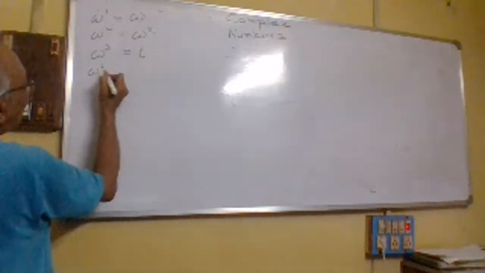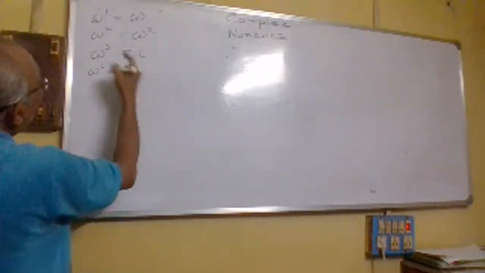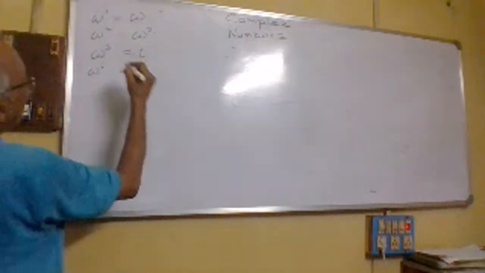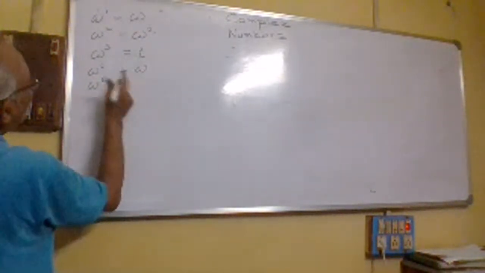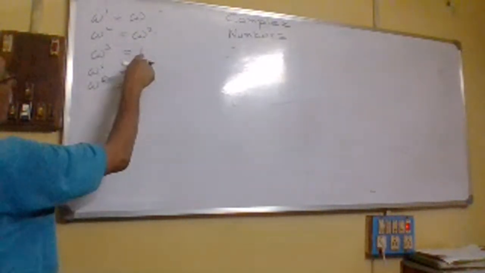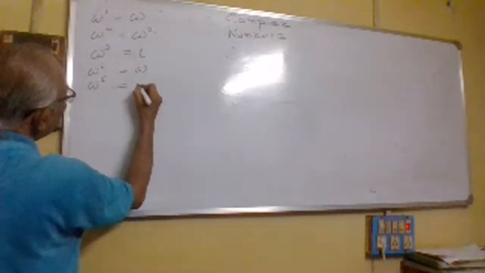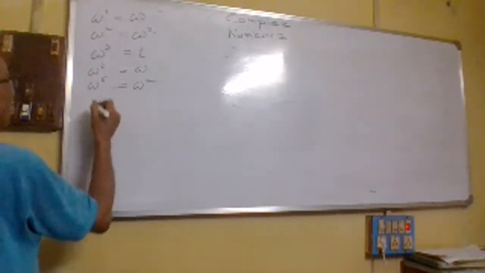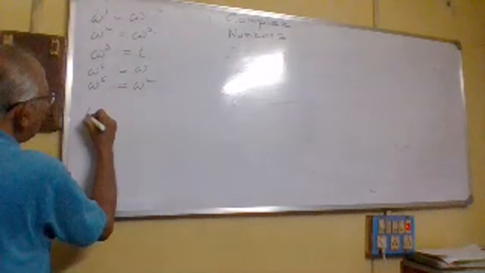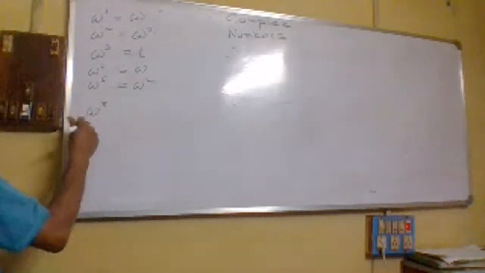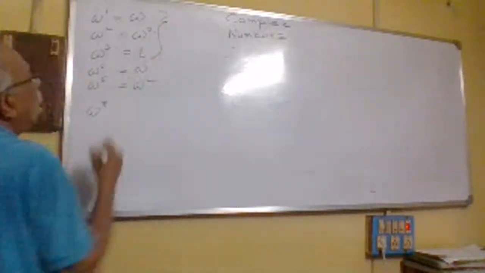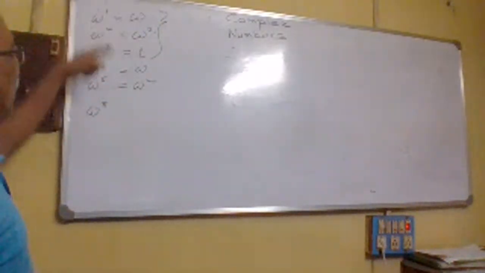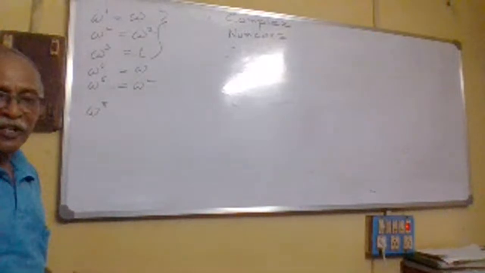Omega to the power 4 equals omega cube into omega, that is omega. Omega to the power 5 equals omega cube into omega square, that is 1 into omega square. In this way, omega to the power n for any integer will be either of these three.